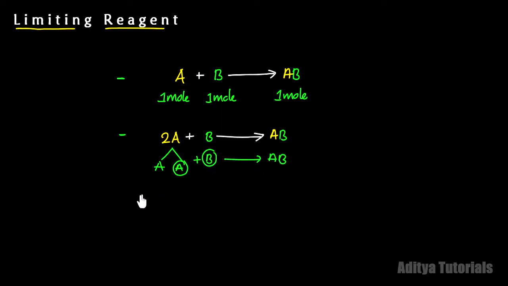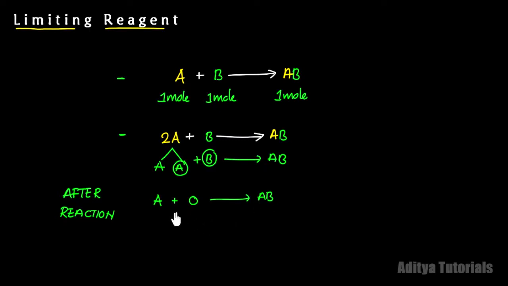So after the reaction, on the reactant side only A is left, B is 0, and the product is AB.